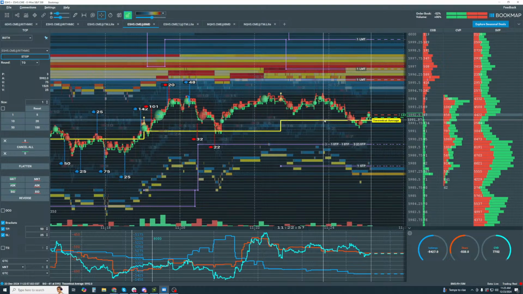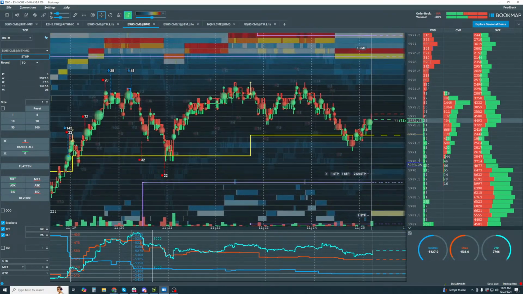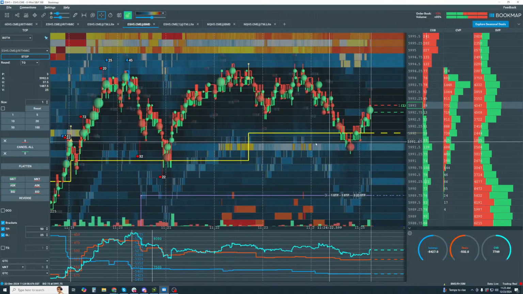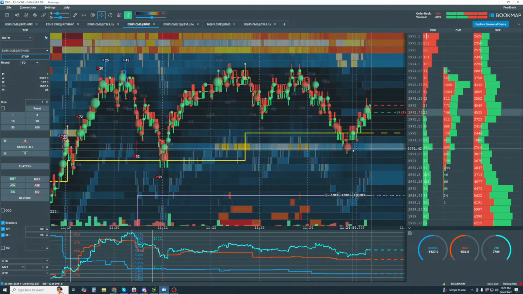Okay, the heat map's getting a little blown out here, but you can see this little bluish area in here. If we zoom in a little closer, you can see the passive demand coming in here.